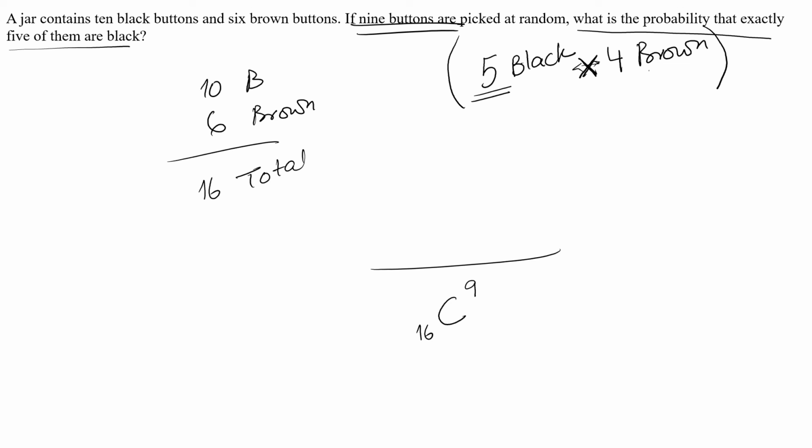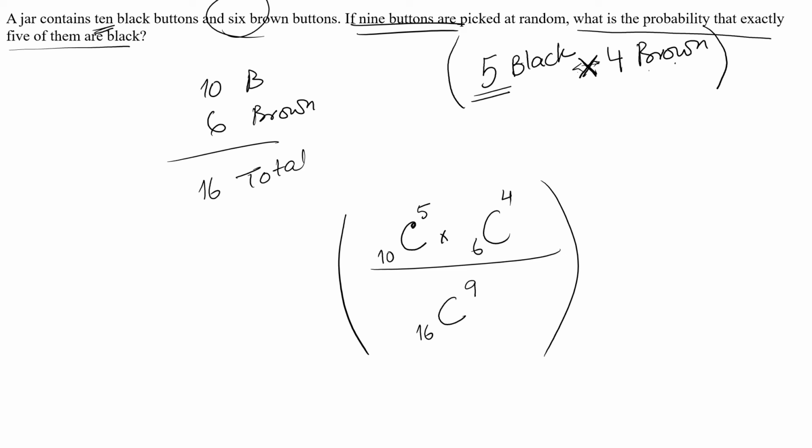That's why between them we will put a multiply sign. So choose the black from the black and the brown buttons from the brown buttons. How many black button selections are possible? 5 black out of 10 black buttons times 4 brown buttons out of 6 brown buttons. Now the action completes.